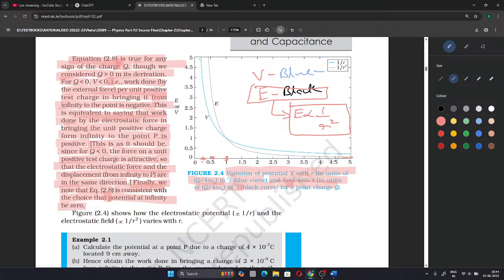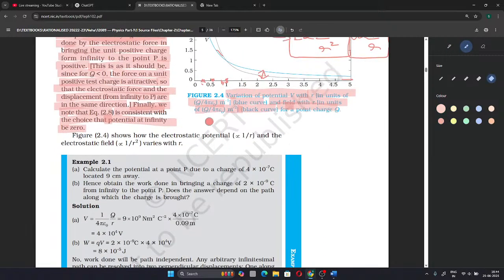As the distance keeps on increasing, it keeps on decreasing as well. The potential is not decreasing as drastically as the electric field because the electric field is inversely proportional to r square, whereas V is inversely proportional to r. Figure 2.4 shows how the electrostatic potential and the electrostatic field vary.